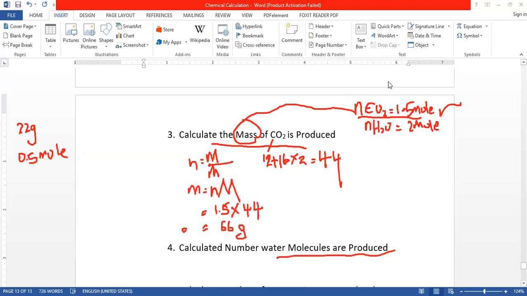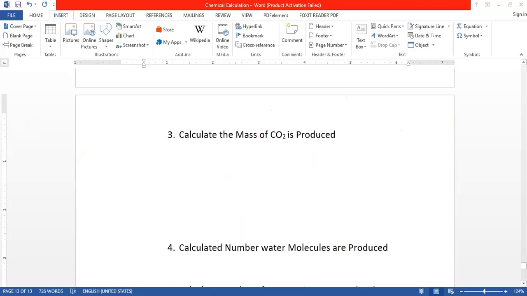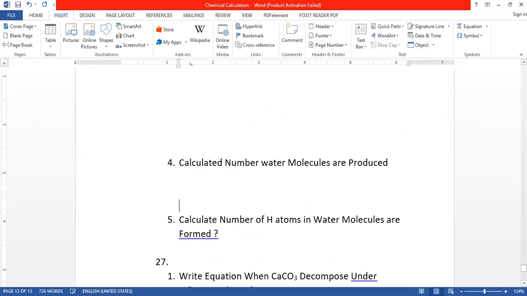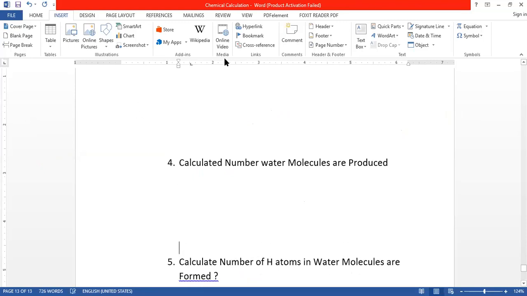Calculate the number of water molecules produced. How to find water molecule numbers using another equation? You know, we studied that n of water molecules produced is how much? 2 mole. So what should be given here? Avogadro constant should be given here.